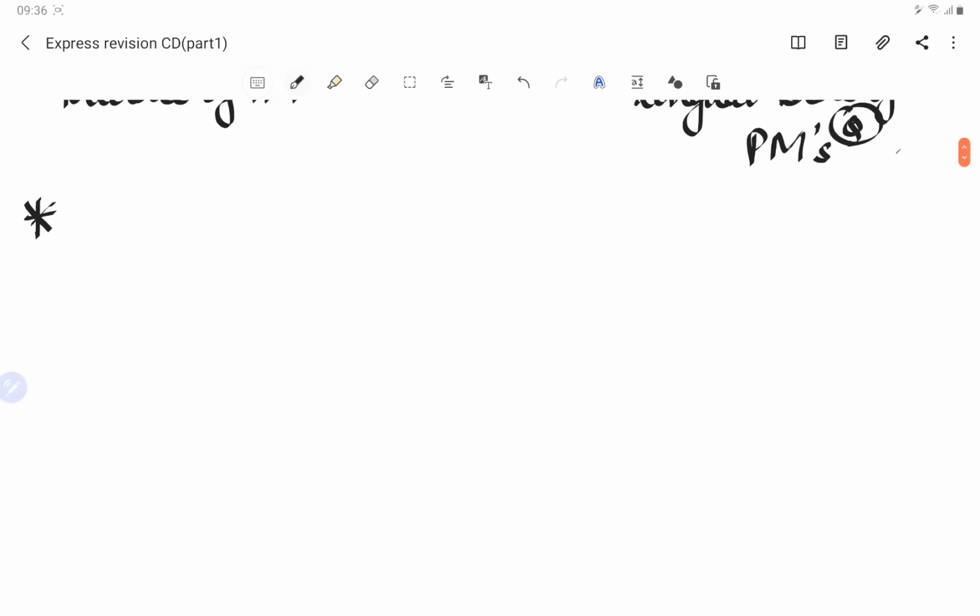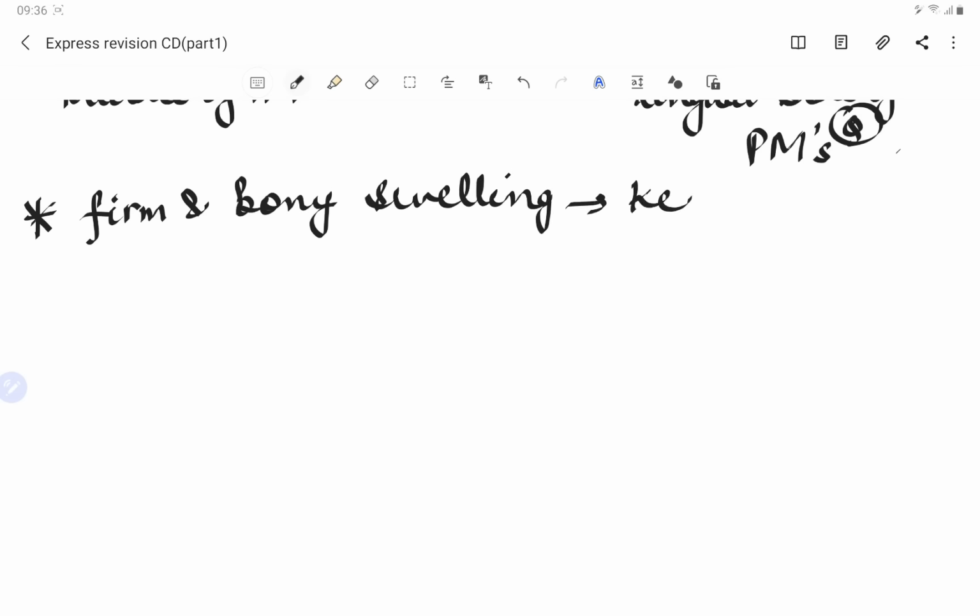If the swelling is firm and bony, then we can keep it and use it as the primary support for the denture.